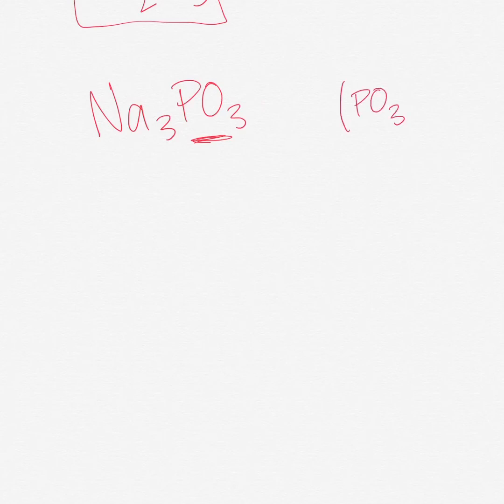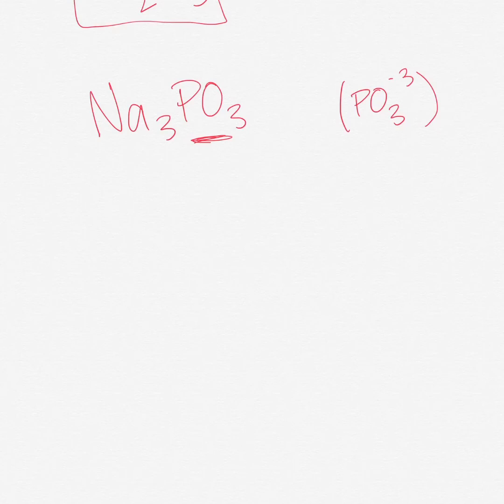So what is the name of this compound? Na3PO3. So PO3 is going to be a polyatomic ion, and it's going to be on your list, and it should be PO3 with a charge of -3, I believe.